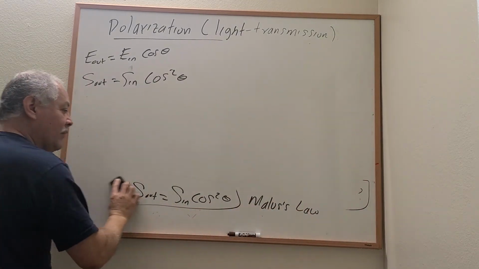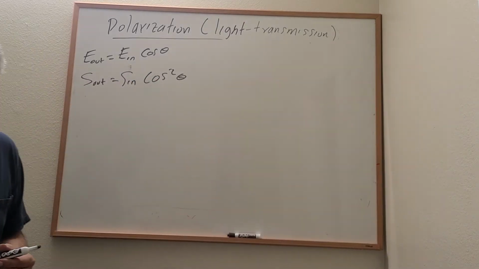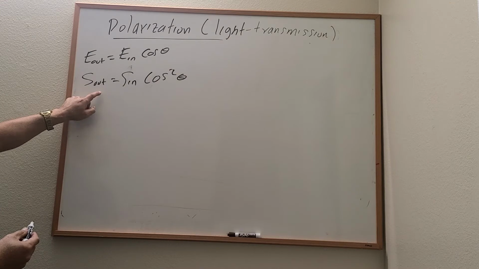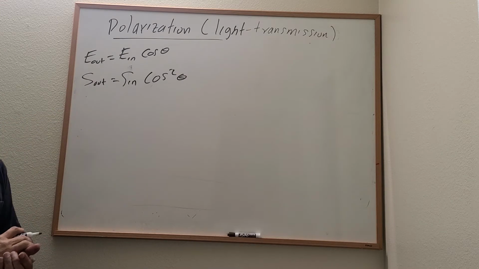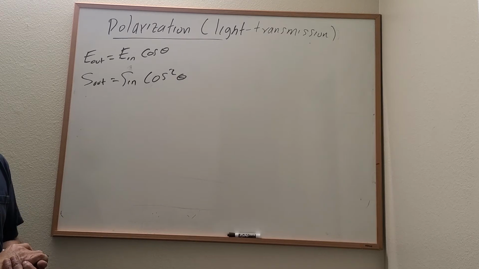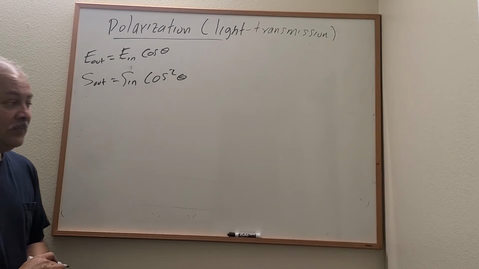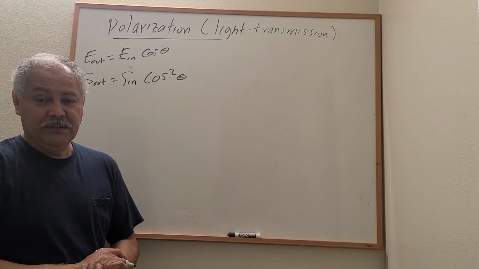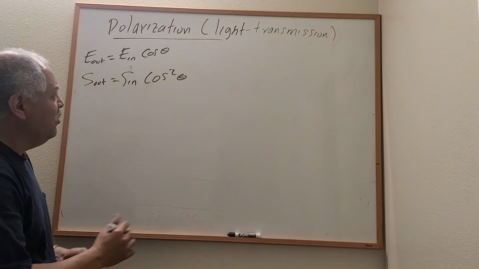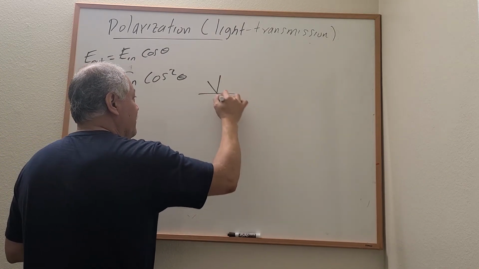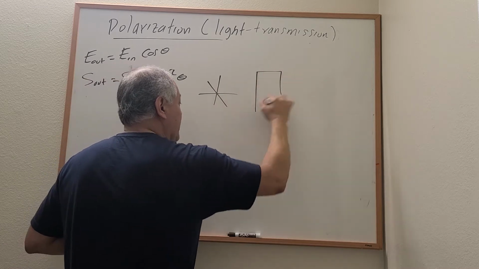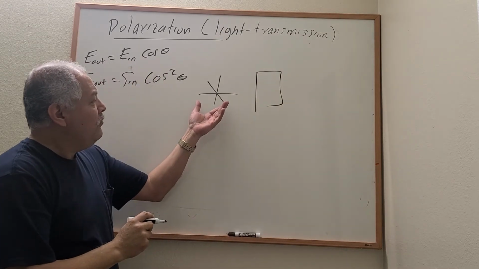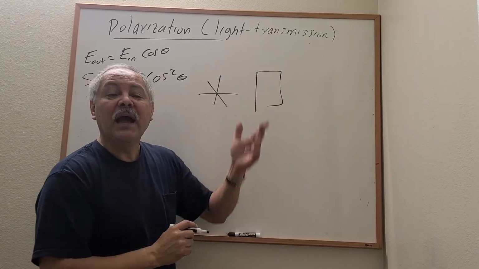Now let's see what happens when we're dealing with this equation. Usually we use the average when we're dealing with unpolarized waves, correct? At the beginning, when we go from this unpolarized wave and we use the polarizer right here, the amount that is transmitted, that is polarized, is going to be the average.